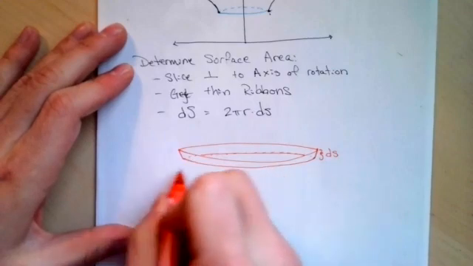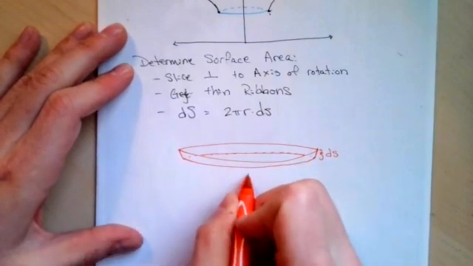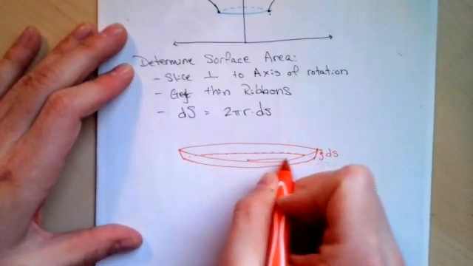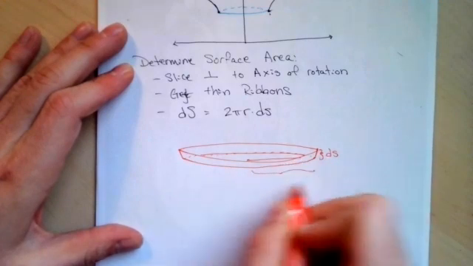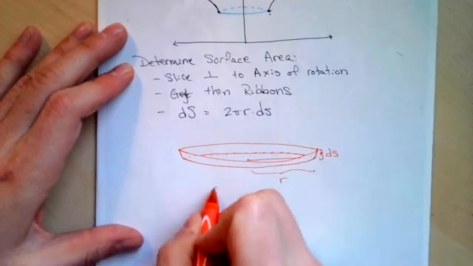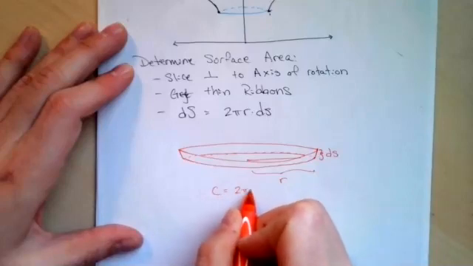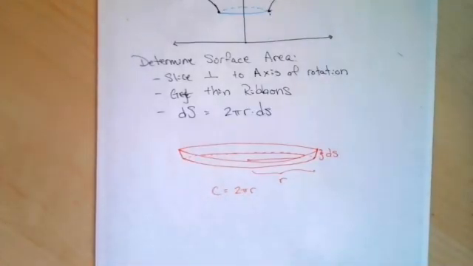And of course, the circumference is 2 pi r.